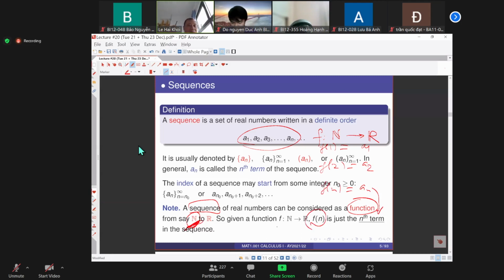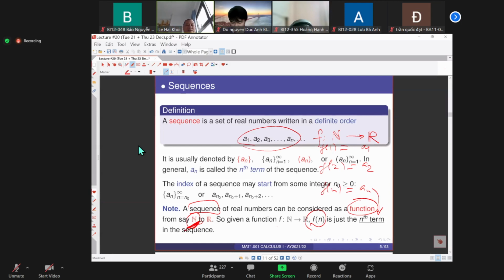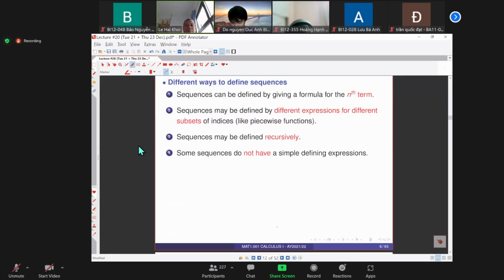There are different ways to define sequences. First, sequence can be defined by giving the formula for n term. Next, sequence may be defined by different expression for different subset.